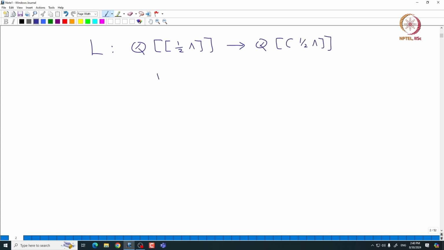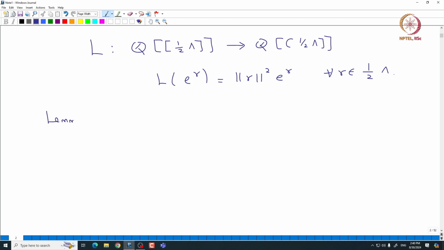It is given by L of e power gamma equals norm gamma squared times e power gamma for all gamma in lambda, and then you extend this to the entire formal power series ring. Now with this definition, we have the following lemma.